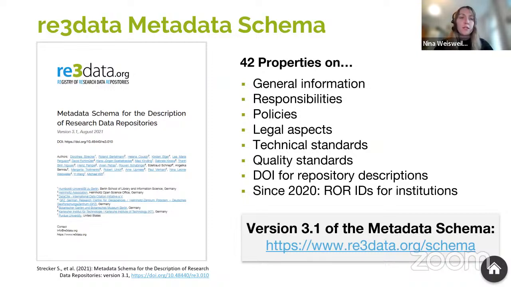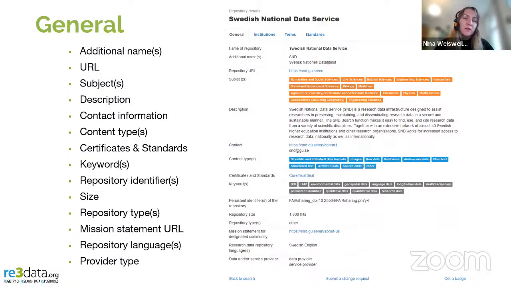There will be new features added. So actually, version 3.1 is already under development again. And as I mentioned, these are the 4 tabs that you can see on the re3data website. When you click on a repository entry, you can see the general, the institutions, the terms, and the standards.